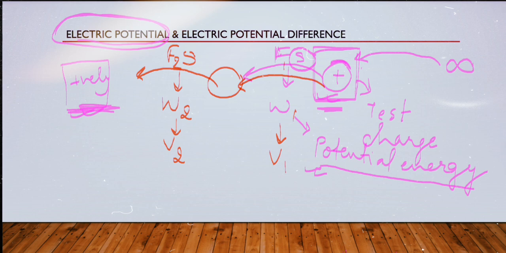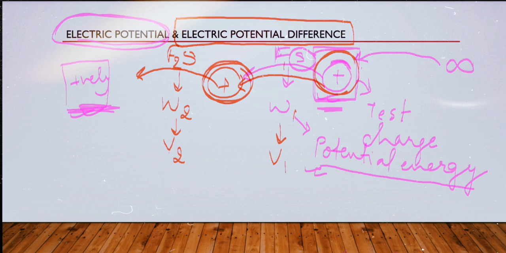Now when work is done on the charge to bring it from one point to another point, this work done is known as electric potential difference. Why are we taking these two positions over here? Because to create a difference, we need at least two positions, and the difference between the work done here and the work done there, that is V2 minus V1, is what is known as electric potential difference.